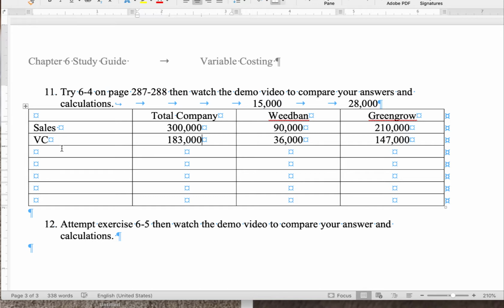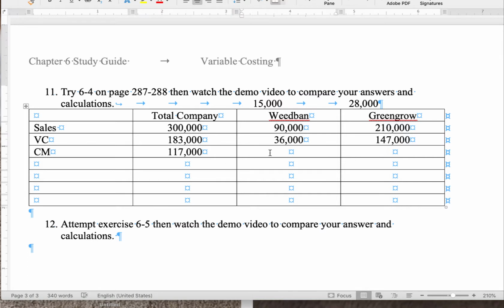Now I can figure out what the contribution margin is here. What's my CM? Well, that's easy, right? If I take 300,000, subtract out my 183,000 of variable costs, I get $117,000. But I also need to calculate the contribution margin for Weed Ban and Green Grow. Well, that's easy. I just do the same thing. What are Weed Ban sales? $90,000.